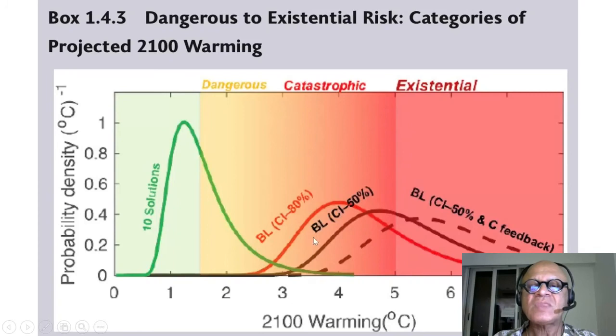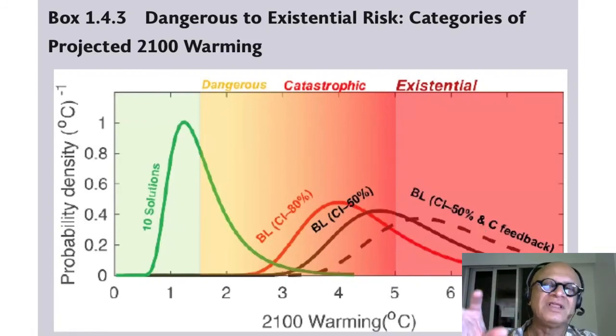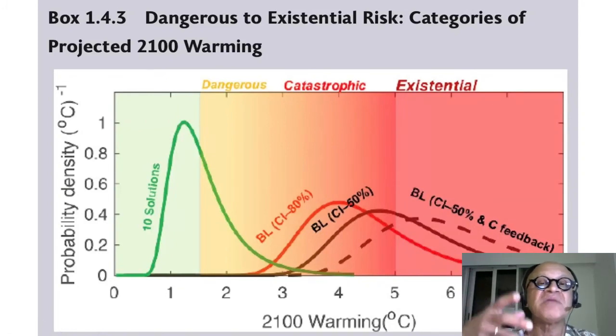Okay, if you look at the business as usual with confidence intervals of 80%, 50%, and 50% with carbon feedbacks, this is kind of a detail where the models account for how vegetation change affects climate. Climate affects vegetation, vegetation change affects carbon, and that carbon then affects climate as well.